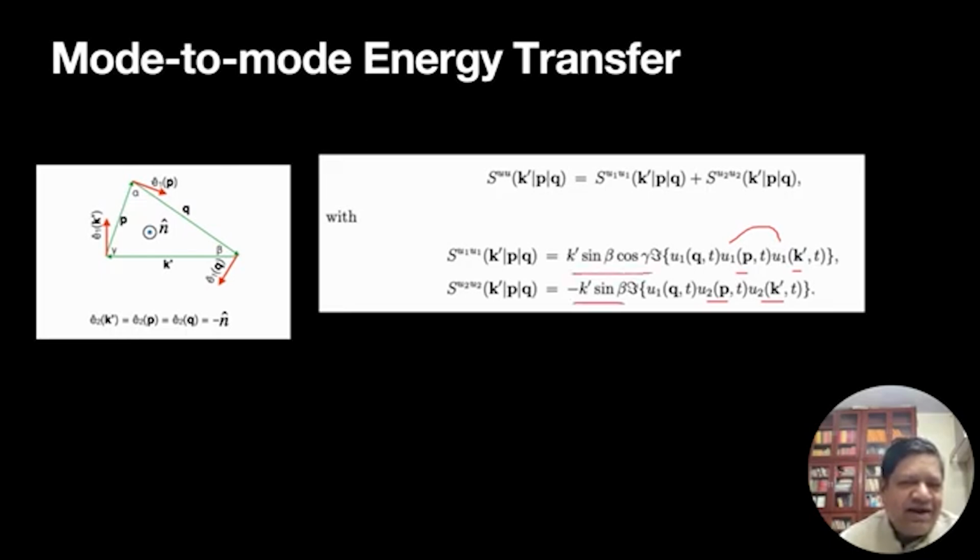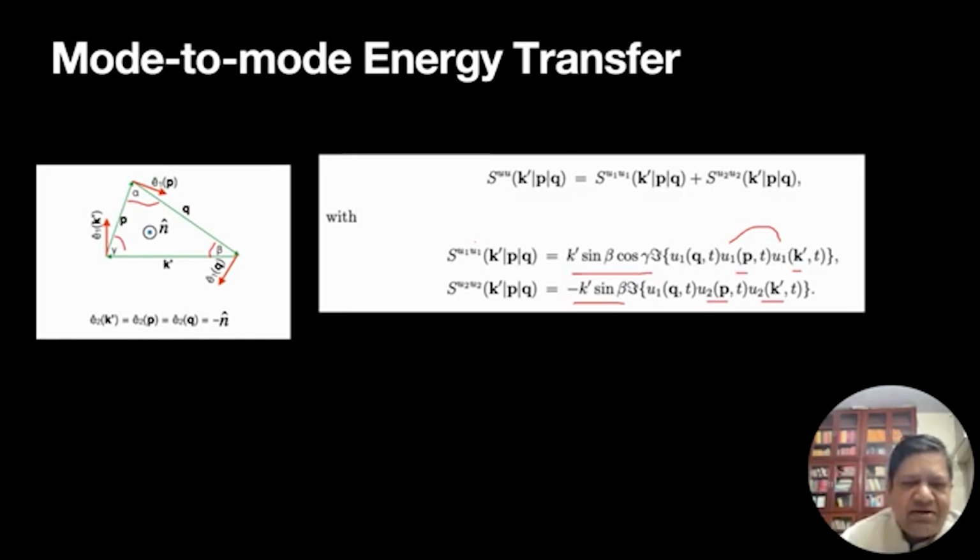These angles are again given here: alpha, beta, gamma. Alpha in front of P, K prime; beta in front of P; and gamma in front of Q. Note that there is no U1 U2 product. So there is no energy going from U1 to U2 or U2 to U1, because U1 and U2 are perpendicular. You take a dot product, that becomes 0. So it's nice: there is an energy transfer channel with U1 and an energy transfer channel with U2.